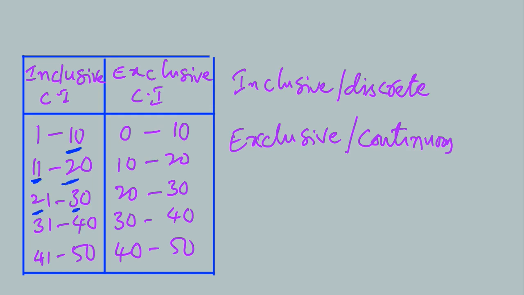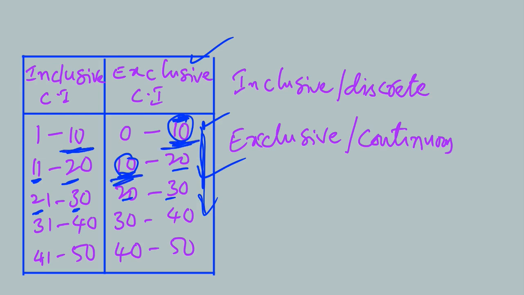But in 0 to 10, the second class interval starts again with 10, to 20, then 20 to 30. What is the difference? We can observe easily that the upper limit of one class interval and the lower limit of the next are equal. This kind of class interval, where these two are equal, is called an exclusive class interval.